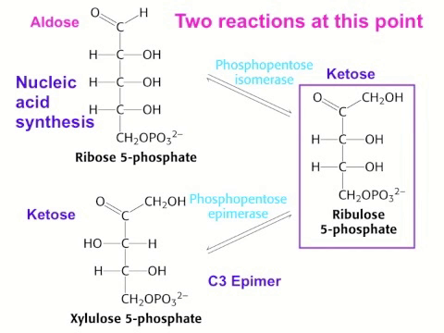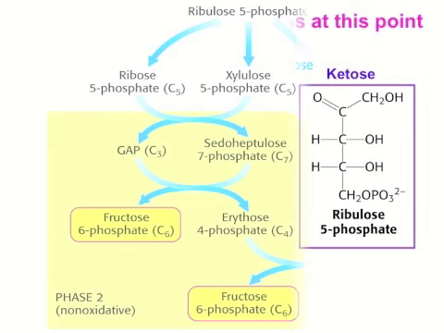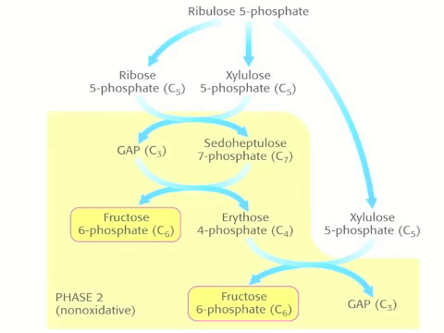Now, ribose 5-phosphate, as you recall, is an important component in nucleic acids, and so we can make a lot of ribose 5-phosphate using this pathway to support nucleic acid synthesis. From this part of the pathway, we can gain fructose 6-phosphate and also glyceraldehyde 3-phosphate to use these in gluconeogenesis or in glycolysis.